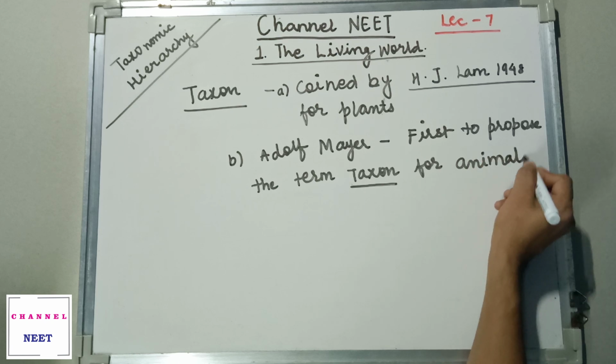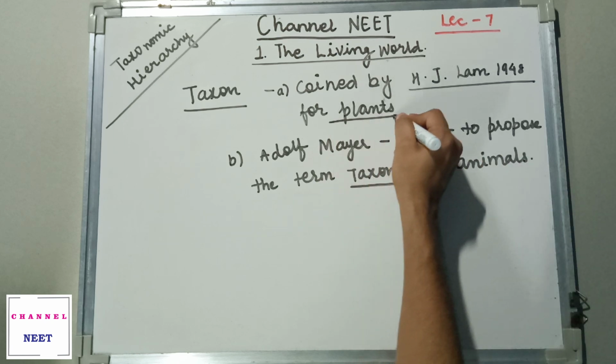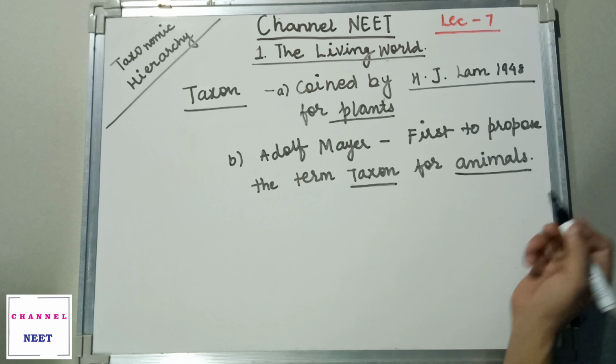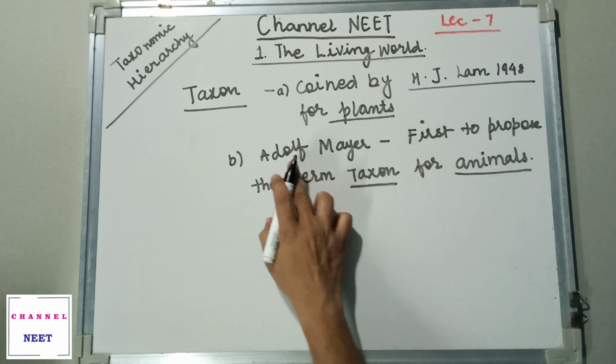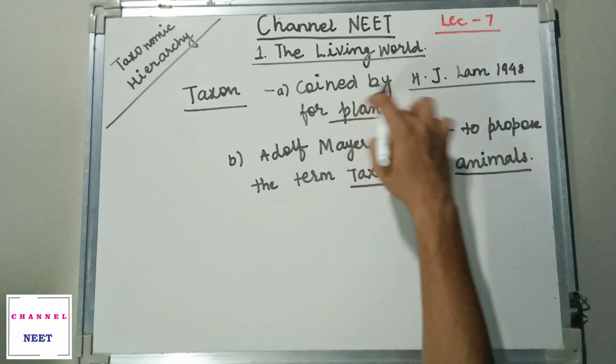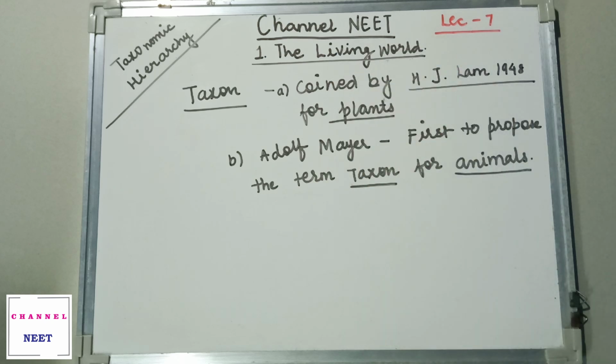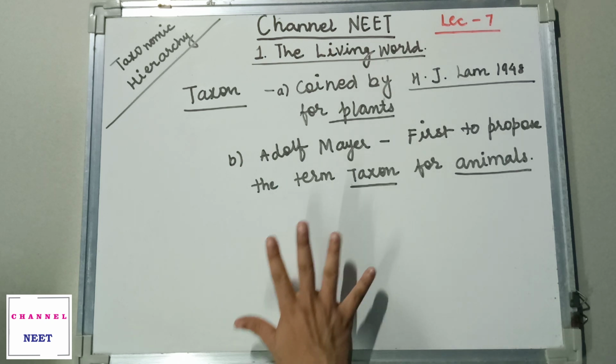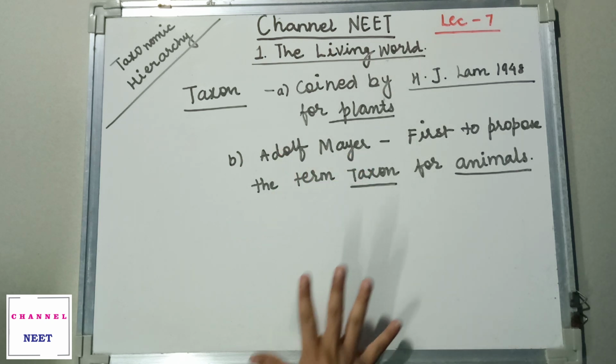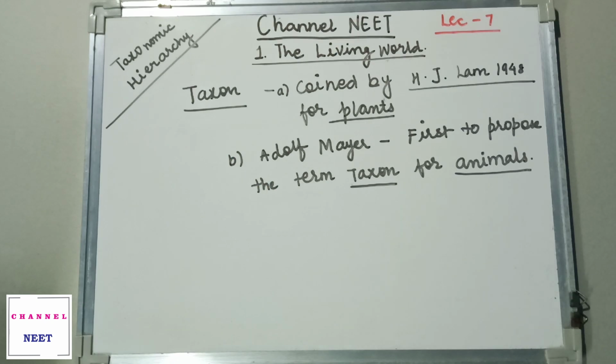So now this becomes important, animals and plants. If they ask you for animals, it becomes Adolf Meyer, and if they ask you for plants, it becomes H.J. Lam in 1948. Now, this was an introduction part with respect to the taxonomic hierarchy.